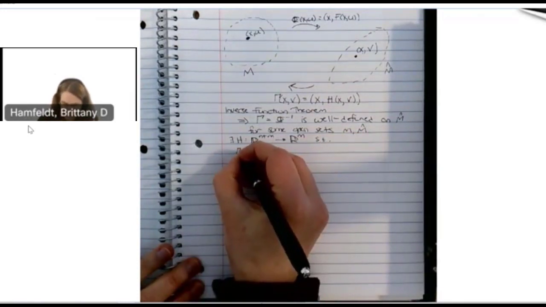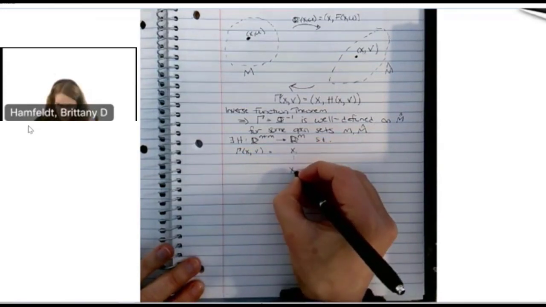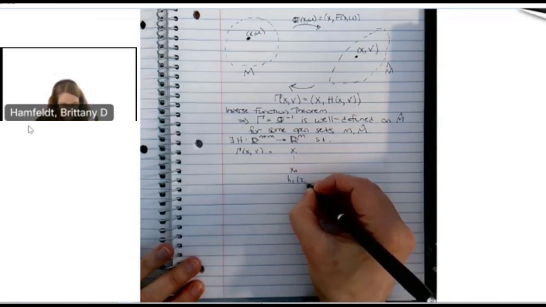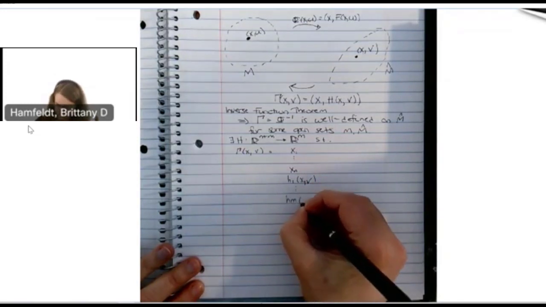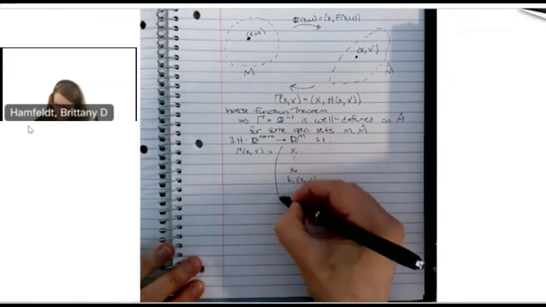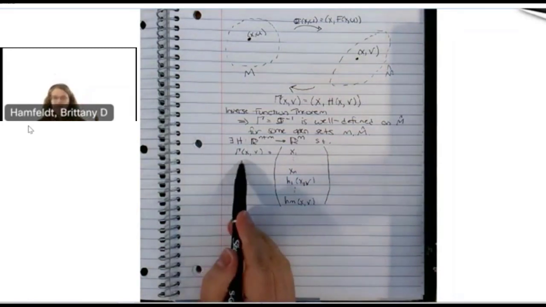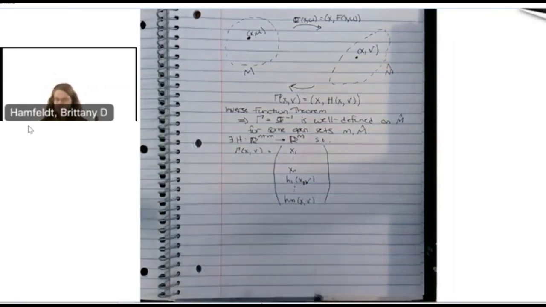And we're going to be able to write gamma in this form: all the X variables, and then something that depends on everything, say X and V. And we know this is a nice function. The inverse function theorem tells us that this is continuously differentiable. That means that this H function is continuously differentiable.